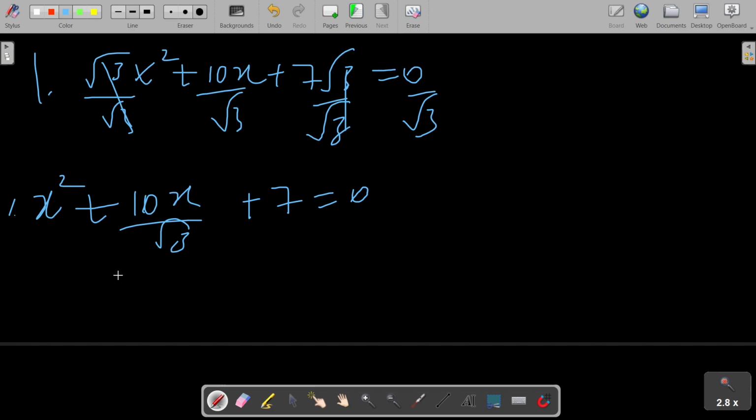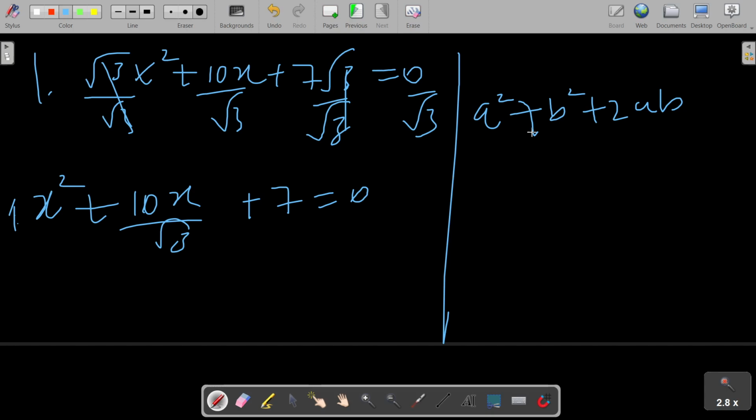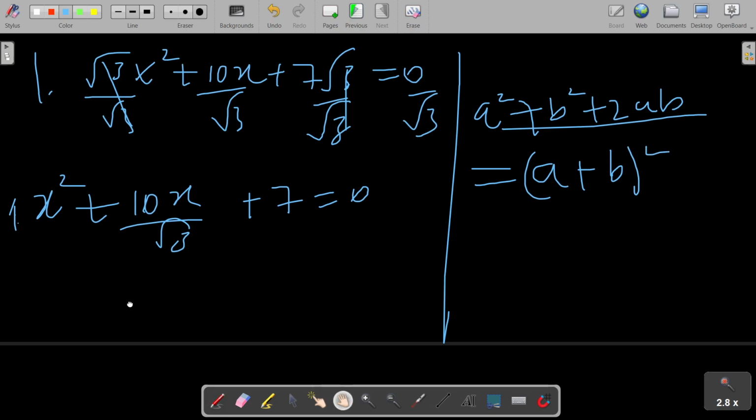So what you can remember is, make the coefficient one, so that we can make this thing a squared plus b squared plus 2ab. We have to convert this expression into this form, so we can get a plus b whole squared by completing the square.